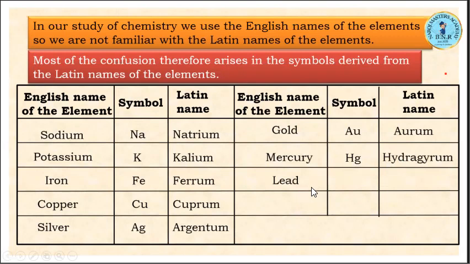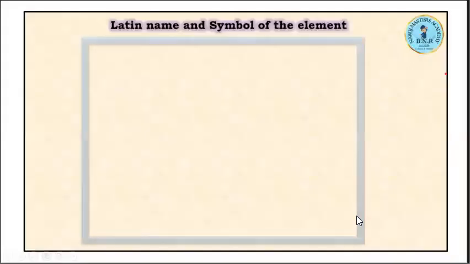Lead: its symbol is Pb, and the Latin name is plumbum. Plumbum is the full Latin name of lead. Tin is Sn, stannum. Very important. Latin names and the symbols of the elements, you can see here.